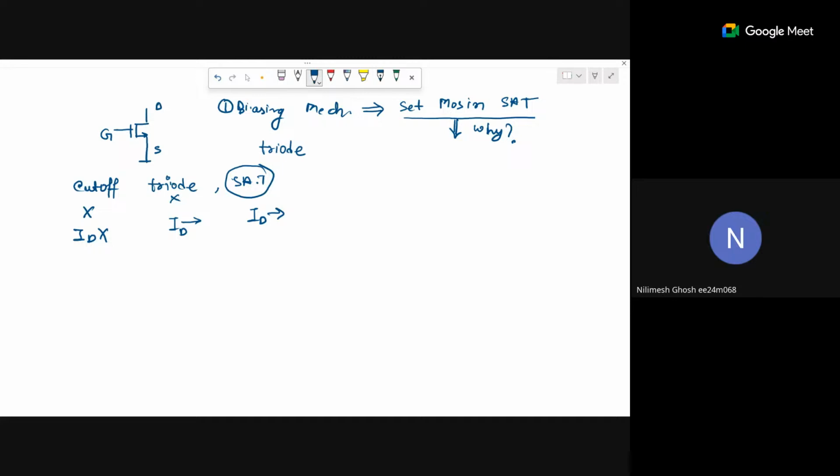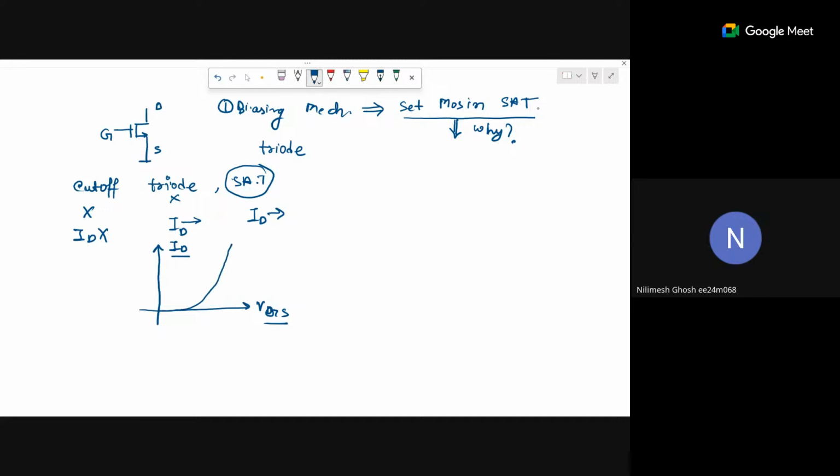If current is flowing, that itself means this switch is on. But if you are saying that the current will increase or decrease, that answer is not that much correct. You are applying some VG, your VGS. This is your ID. This is your input voltage, this is your output current, and the graph is like this only.